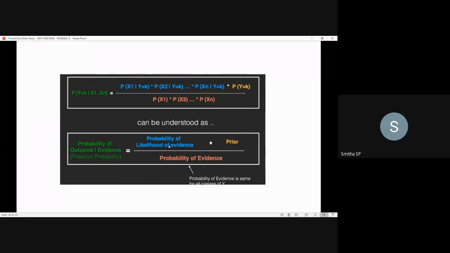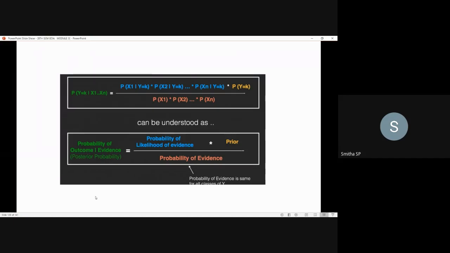Here, coming to this likelihood, the probability of likelihood of evidence, as I said, is nothing but the conditional probability of each x given y is of a particular class C. Since all the x are assumed to be independent variables of each other, you can just multiply the likelihoods of all the x.